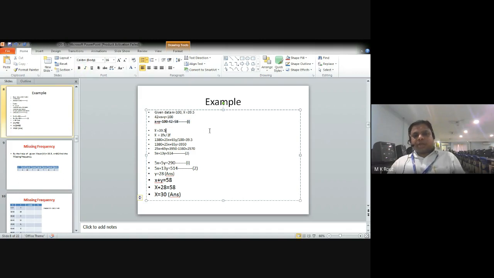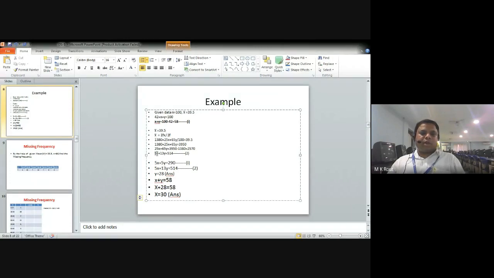Moving to generate the next one. Here mean is given 39.5, and as per the formula, x bar equals summation of fx divided by summation of f. So here mean is 39.5 and summation of fx is 1380 plus 25x plus 65y divided by 100.